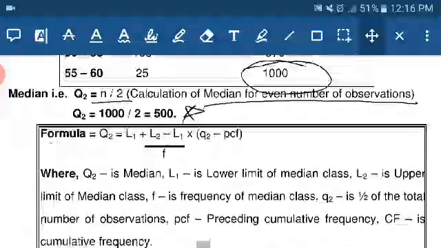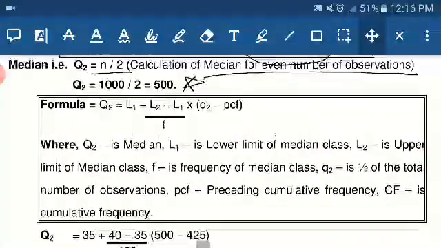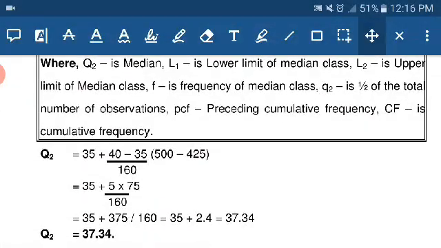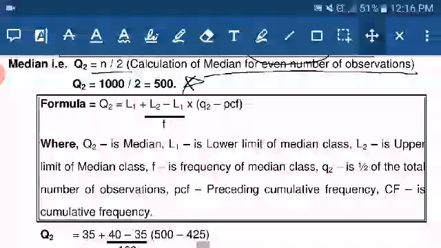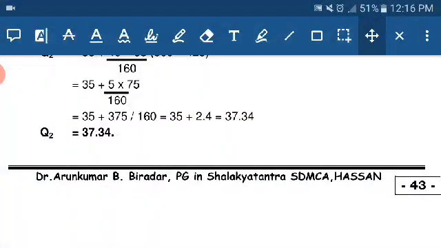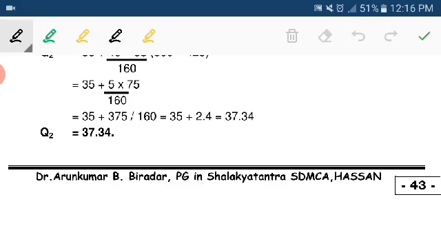Then 35 plus (40 minus 35), in brackets, Q2 is nothing but 500 and PCF is the preceding cumulative frequency, which is 425, divided by 160. 160 is the frequency. Calculation: 37.34.